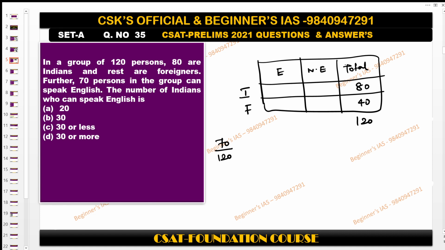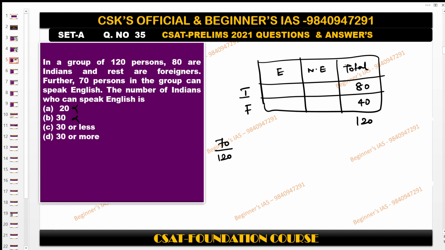The number of Indians who can speak English: 20, 30. Obviously with this data you cannot say exactly, so you can eliminate 20. Now, this can be done using the trial and error method.